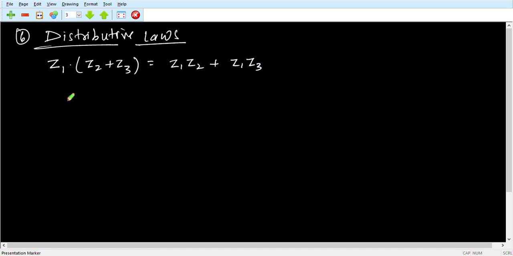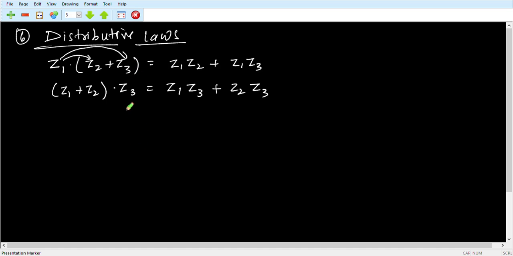And if I have z1 plus z2 multiplied with z3, then this will be equal to z1 z3 plus z2 z3. So this is the distributive property, and we are doing it in the same fashion as we did in algebra. It's clearly visible that we are doing the same thing we did in algebra in our early classes.